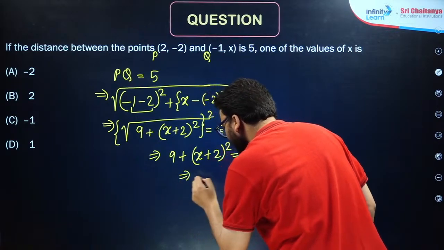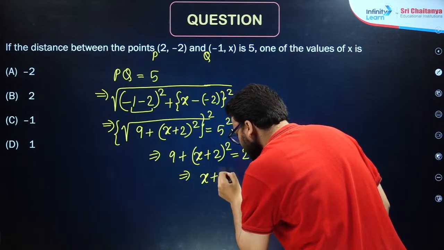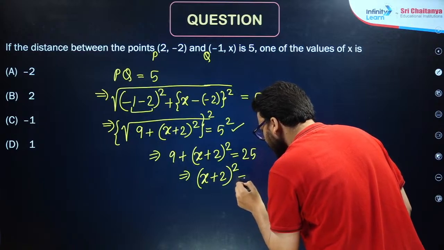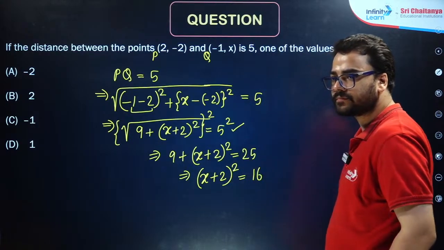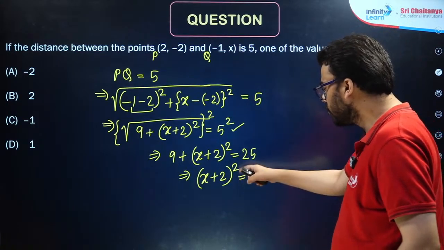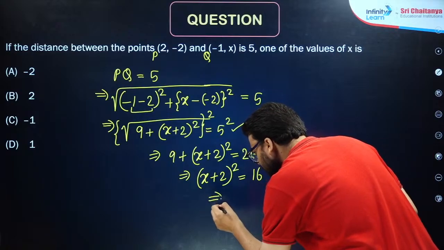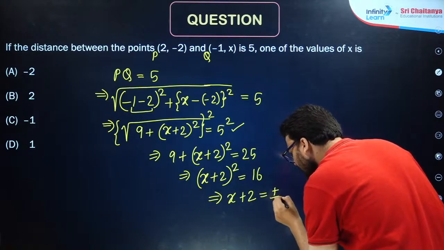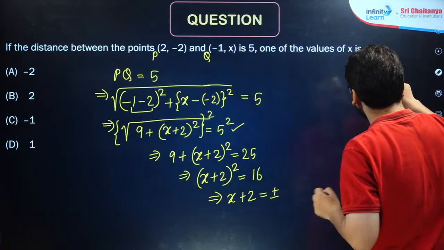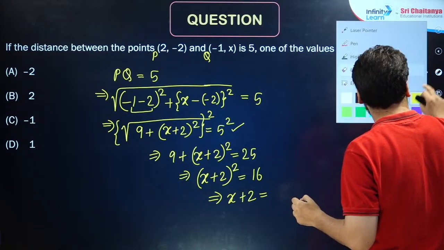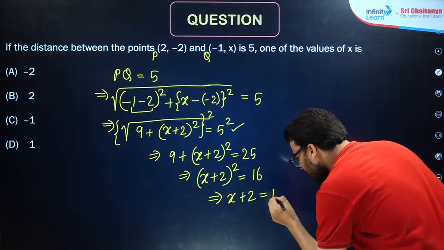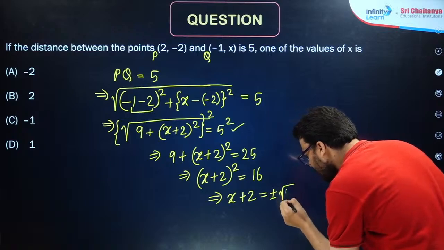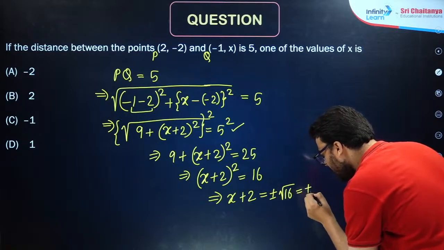So from here you'll get x plus 2 the whole square to be equal to 16. Correct? Now I want to remove this square over here. So can I not say x plus 2 will be equal to plus minus square root of 16? You must have studied quadratic equations by now, right? So you'll get plus minus square root of 16, which is nothing but plus minus 4.